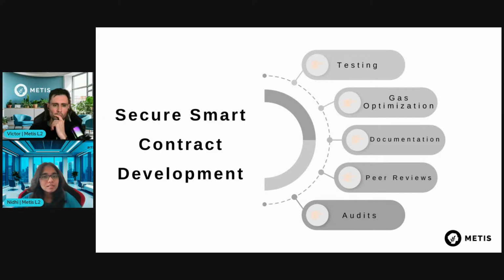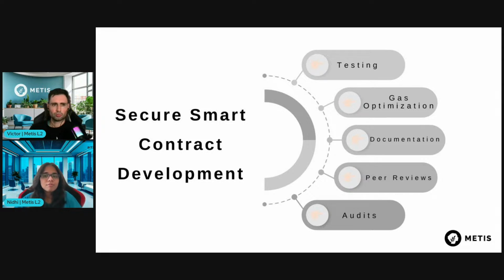The next one is gas optimization. This is again one of the most important things when you're writing a smart contract. Excessive gas use can lead to higher costs for the users, and it might even run into execution issues. I mean, optimizing gas usage ensures that your contract is efficient and sustainable, especially in environments with variable gas prices.